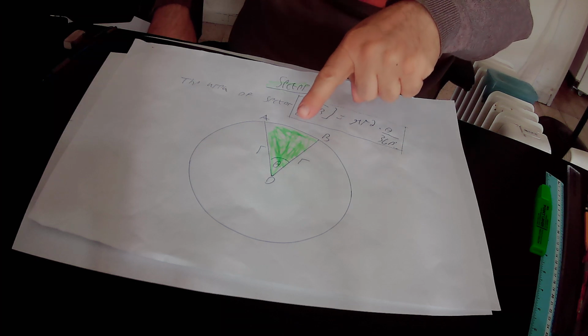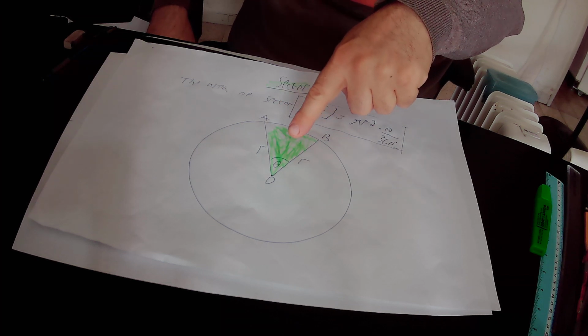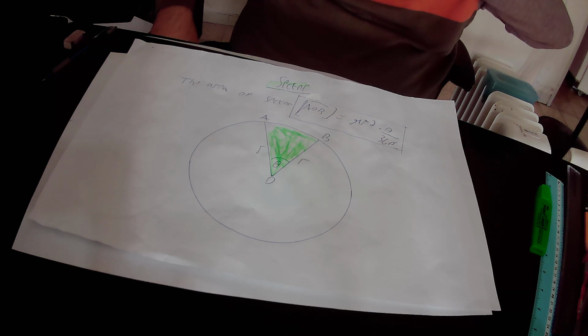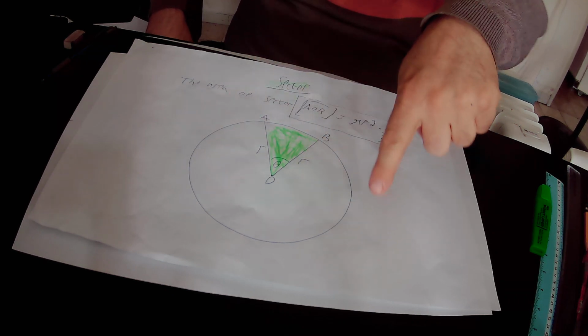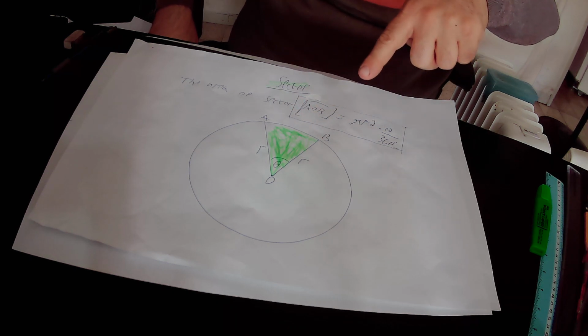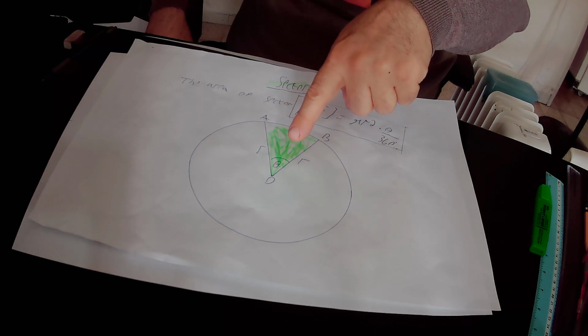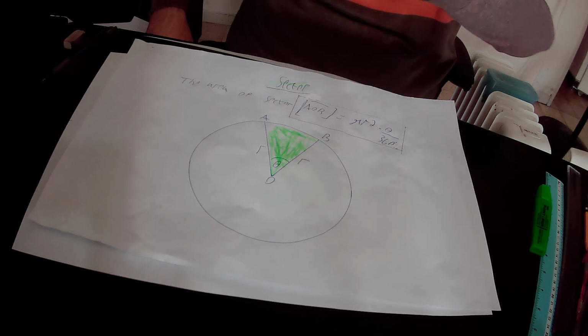The angle between the legs AO and BO of this sector is theta, and the area of this sector AOB equals pi r squared, that is the area of the circle that contains the sector, times the angle between the legs of this sector, that is theta, over 360 degrees.